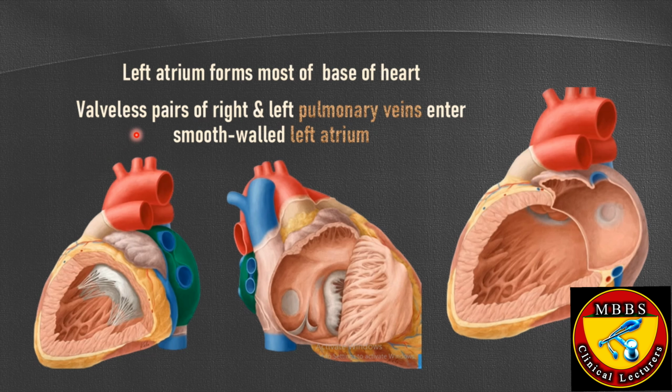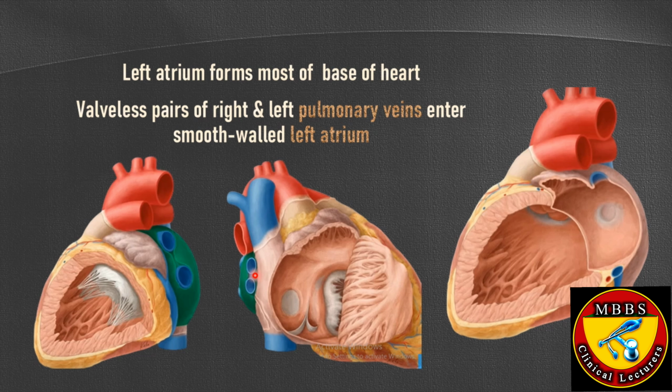So these valveless pairs of right and left pulmonary veins enter the smooth-walled left atrium. Now the posterior wall of the left atrium receives two pairs of veins, the pulmonary veins, right and left, superior and inferior.